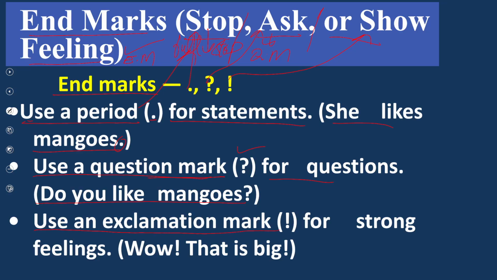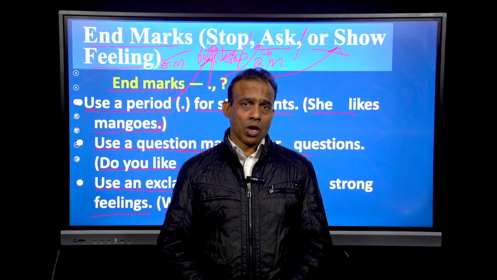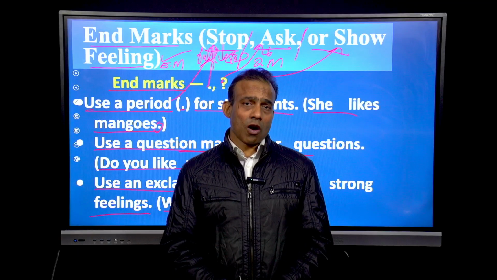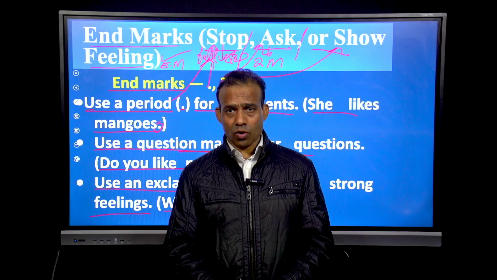Use an exclamation mark for strong feelings. "Wow, that's big!" So these are the three end marks. So dear learners, I hope you are now very well aware of the end punctuation marks, and how they work.